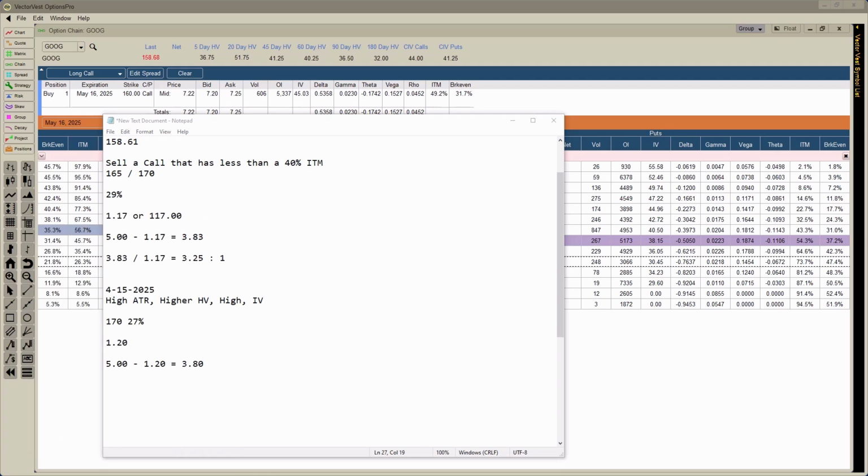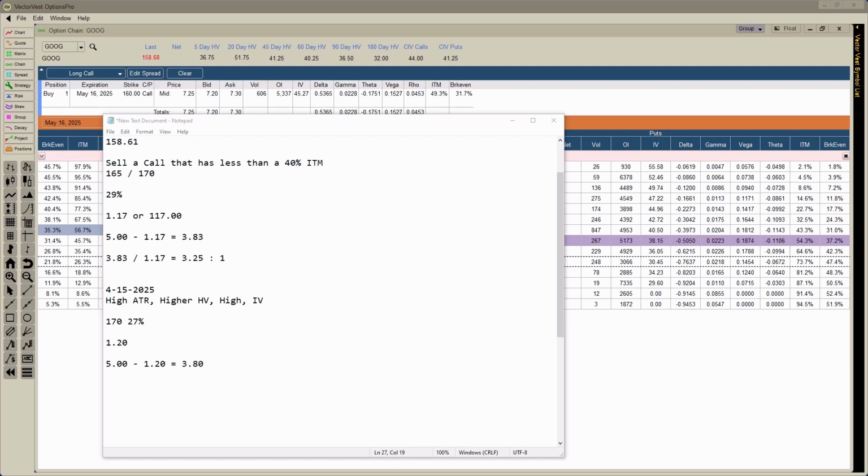Now, again, I want you to look at the raw numbers of this and think about this. If we go back and the stock's at like 158.60 and we're selling a 165 option, that gives us about a 4% difference in buffer. So if the stock moves 4%, you're going to get stopped out. Now we're at 170.